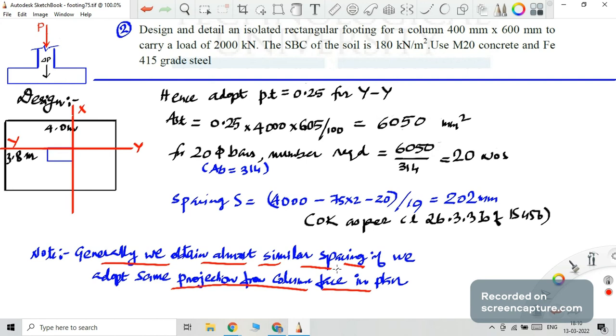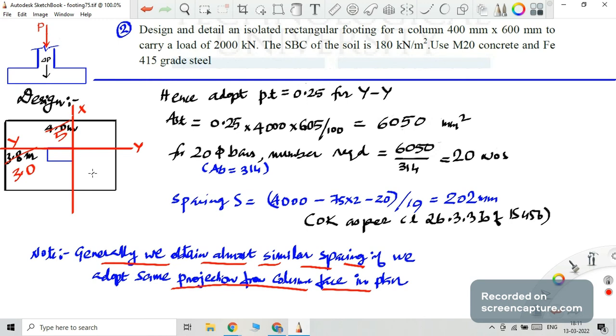You can try to repeat the same problem by using this 3.8 as 3 meter, and the other dimension 4.1 meter as 5 meter, due to space constraint. 3 and 5 meter.